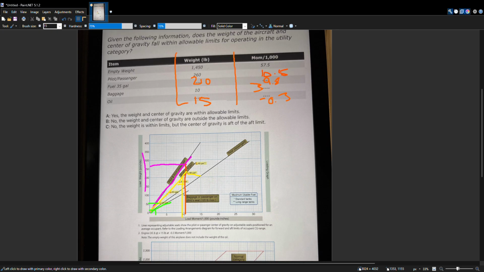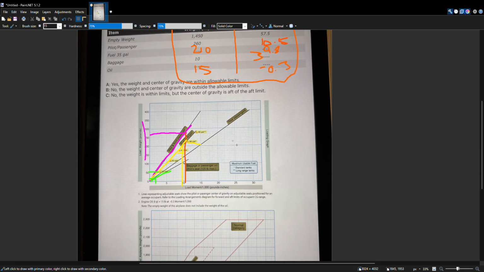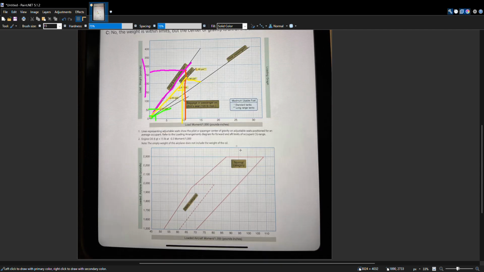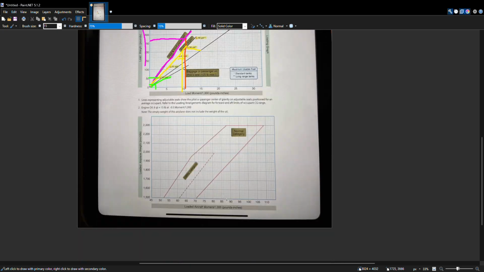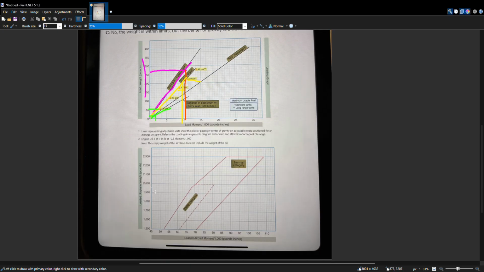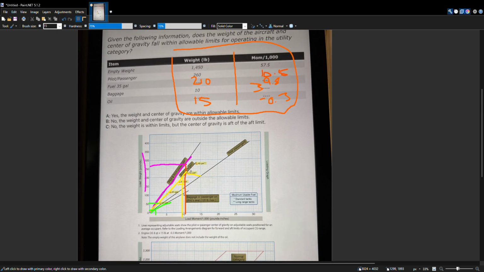So you got your weight, and you got your moment. So that's really all we need because you've done the CG envelopes before. So our total weight is 1450 plus 260 plus 210 plus 10 plus 15. All right, good. So that's 1945. So we can mark there, around there.